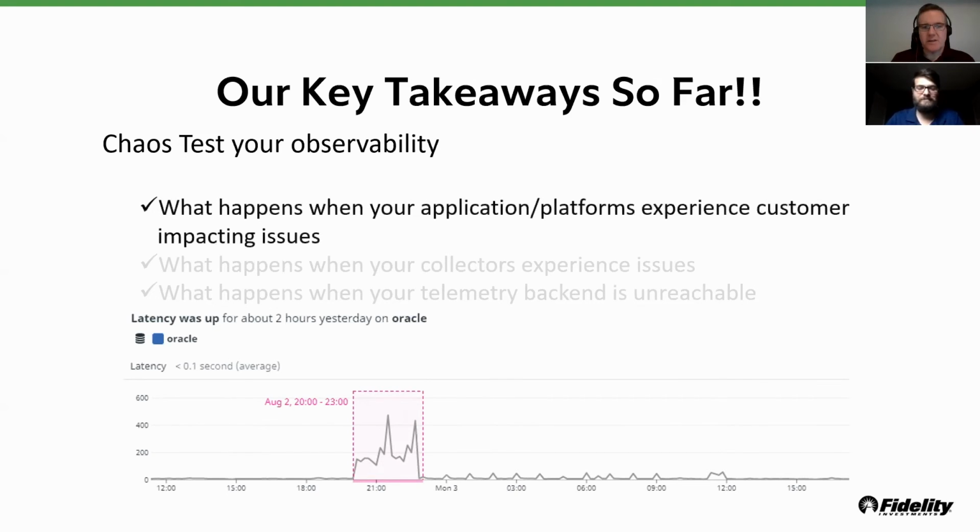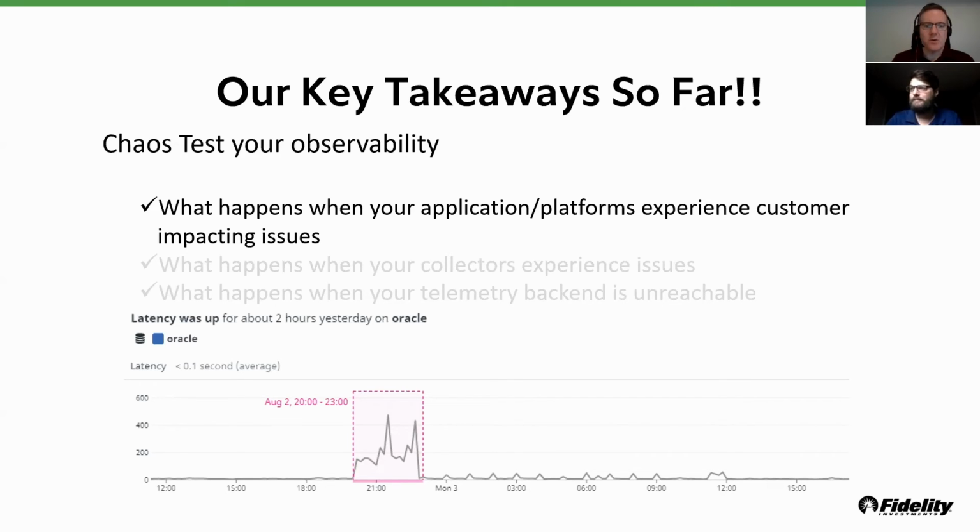If we look at it from an application standpoint, and we look at this time series data down below, this is an example where an application team may inject some latency into their system. And what we're looking for here is, was this surfaced through an observability platform such as Datadog?